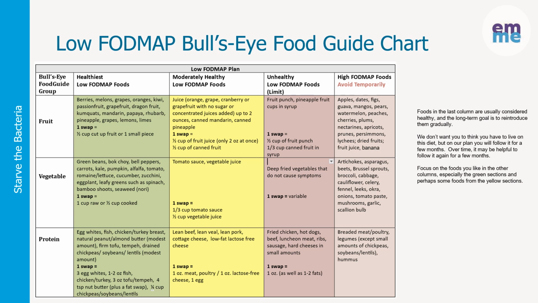So for the fruit group, there is a nice variety of fruits that you can enjoy while following the low FODMAP diet. So for example, berries and melons. I give you an idea what is considered a swap or a unit if you are interested in also trying to control the calories you consume.